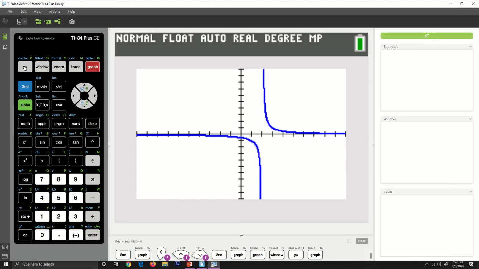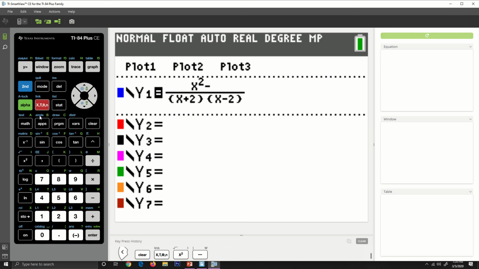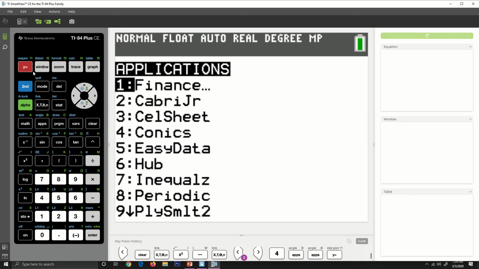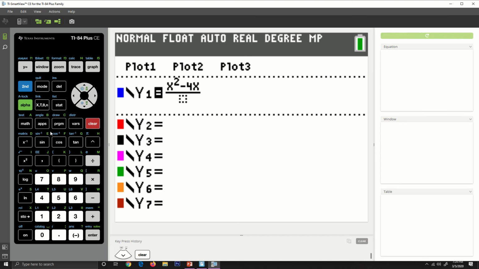Now, we should check that. And so if I go to my y equals and I clear, well, let's just clear. Okay, so x squared minus 4x, y equals minus 4x, and then I go down arrow, and I clear out the bottom, and I have x squared minus just 4.